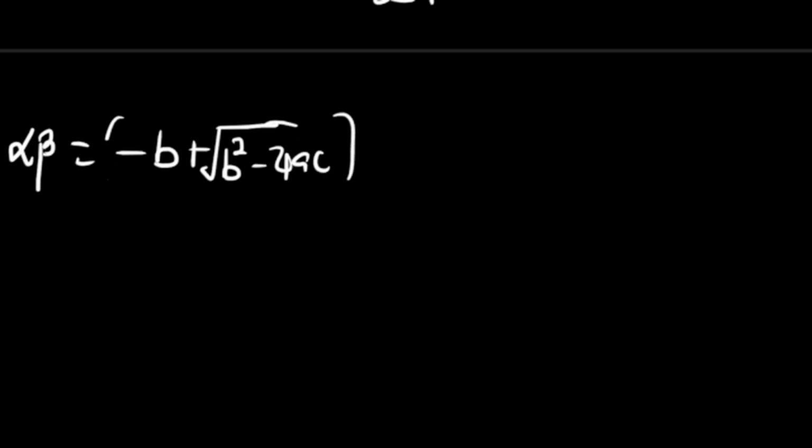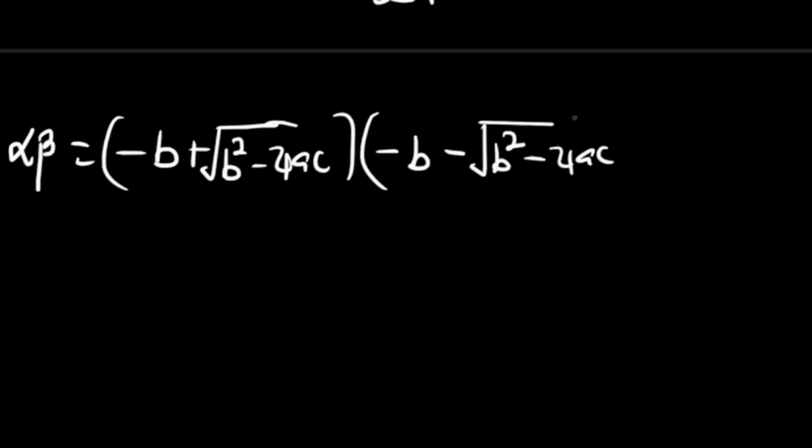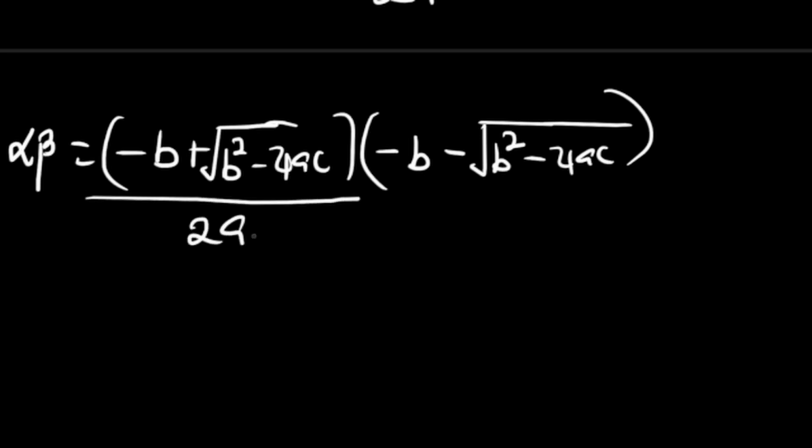This is going to multiply our beta, which is negative b minus the square root of b squared minus 4ac. This one has a denominator of 2a, while this one also has a denominator of 2a. So we have to go ahead and multiply them. Let me extend this.